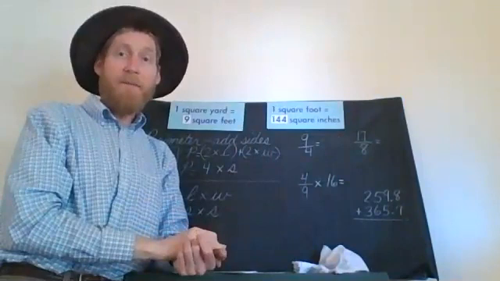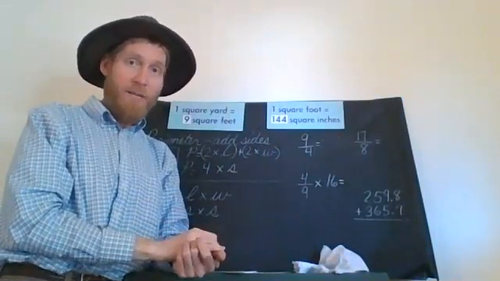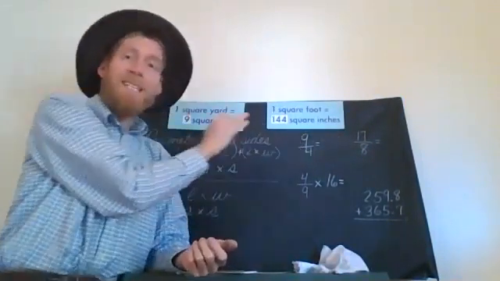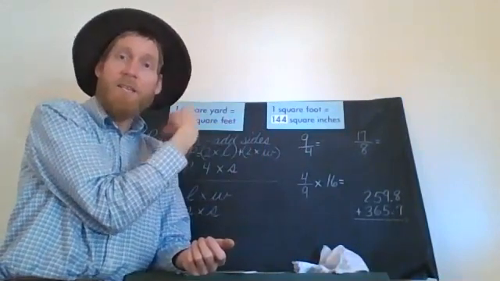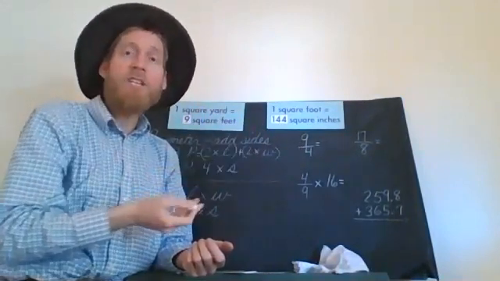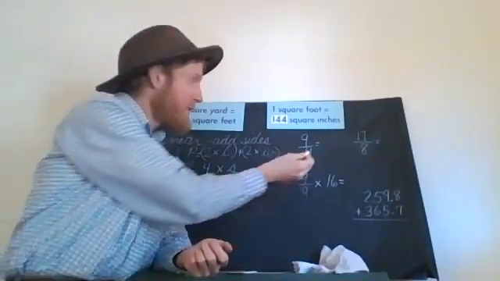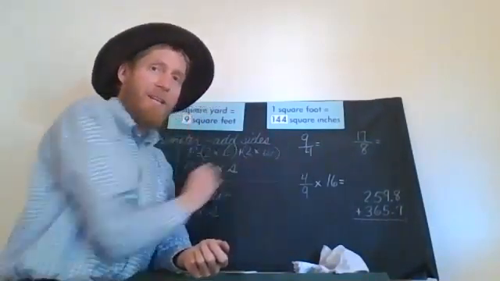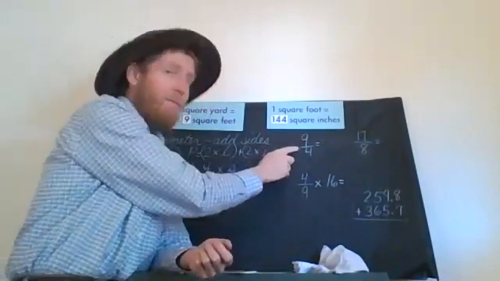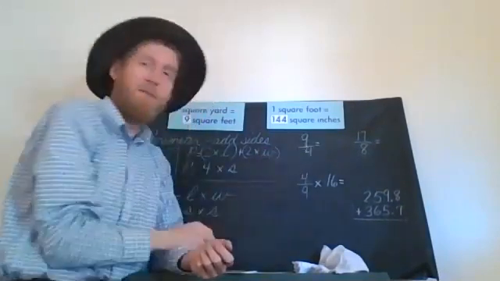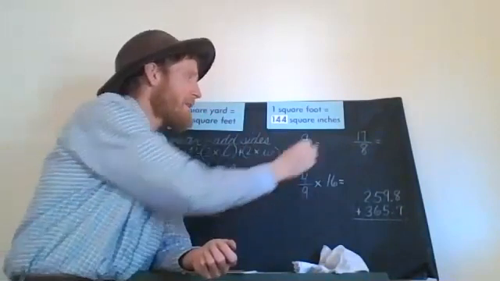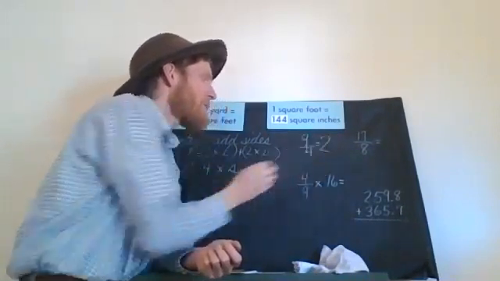9/4. Some of us have missed this on our quiz. Remember, that's improper. So we need to make it proper by changing it to a whole or mixed number. Divide the denominator into the numerator to get that. 4 goes into 9 how many times? 2 times, that's 8.